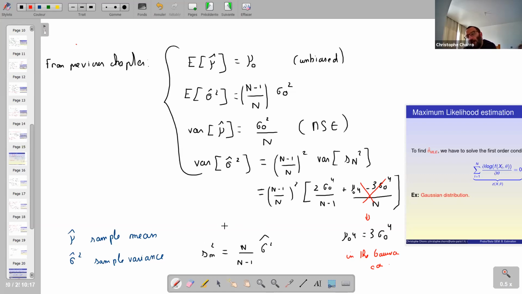So in the case of the Gaussian, when I am interested in the two parameters, mu and sigma square, that are the mean and the variance, the maximum likelihood estimators that I have obtained by my computations are simply the sample mean and the sample variance. And it's possible for me to study their properties because I know from the previous chapter what the properties of these estimators are.